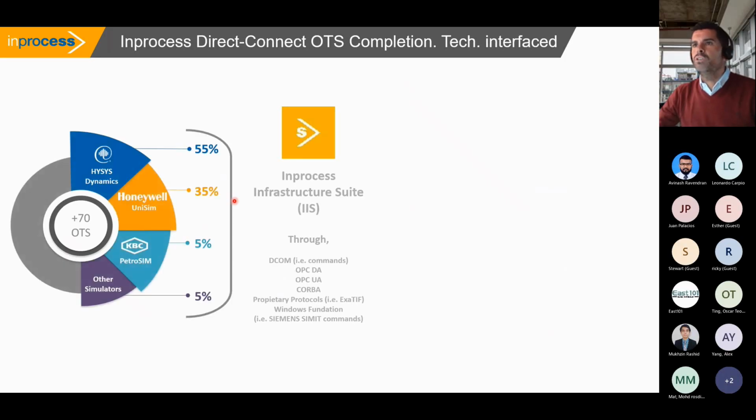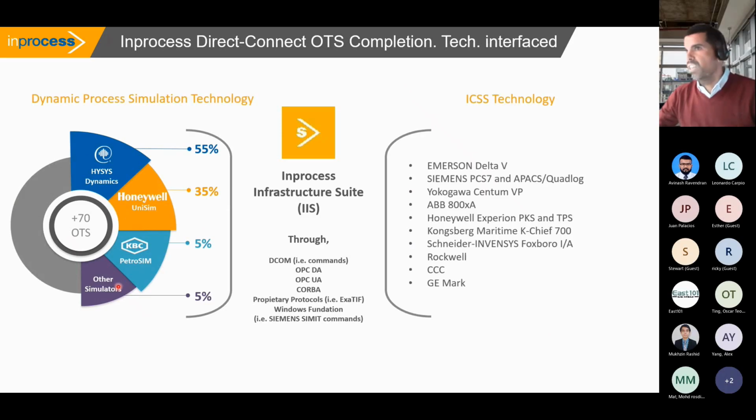By using, as we mentioned, the main different process simulation technologies that our customer has confidence in for the process department, we extend the use of those technologies not only for the studies, but also to the OTS.